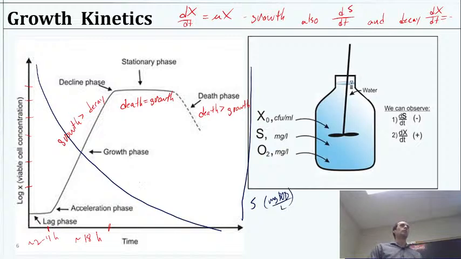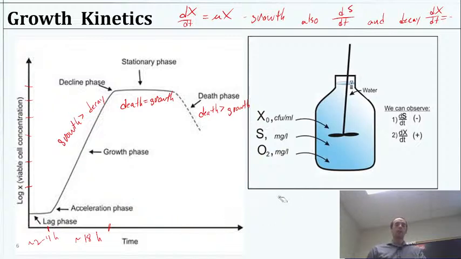Right? It would kind of do the inverse of the growth of the microbes. We'll talk more about that in a moment, but the point is that we could observe over time, if we measured it, the amount of substrate there, and also the amount of bacteria.